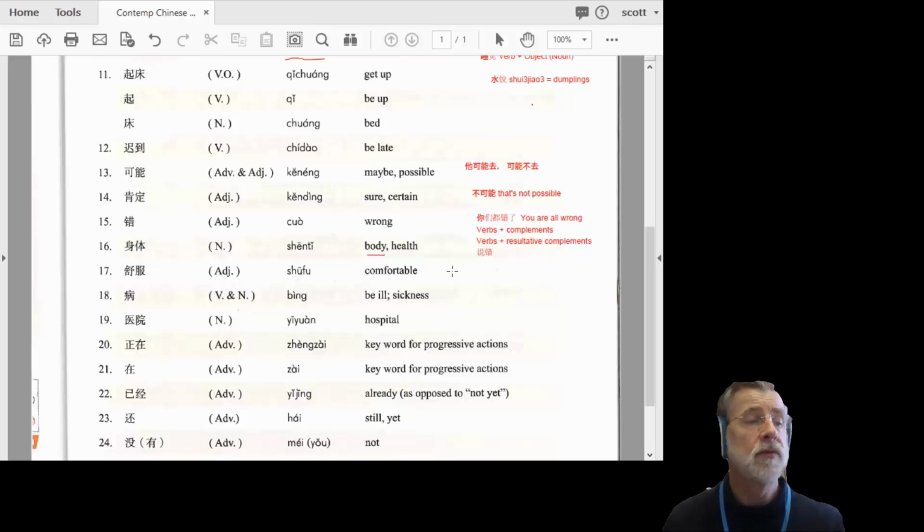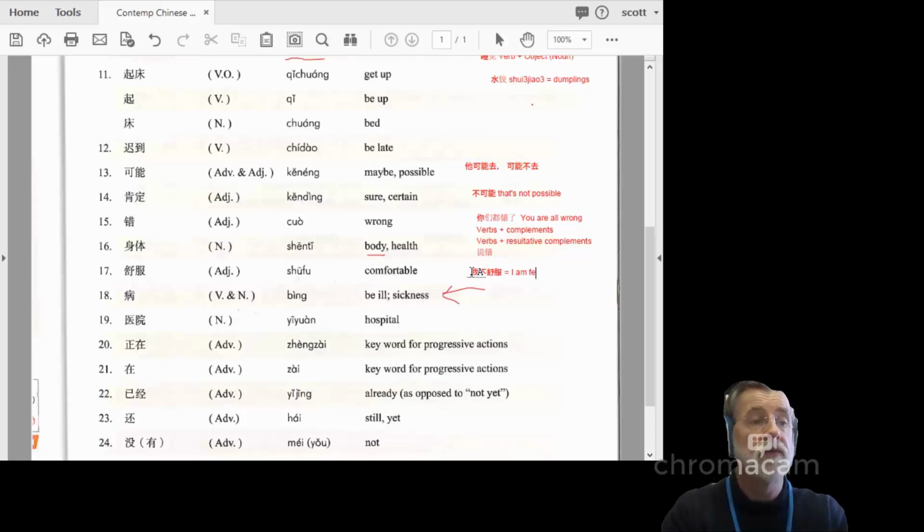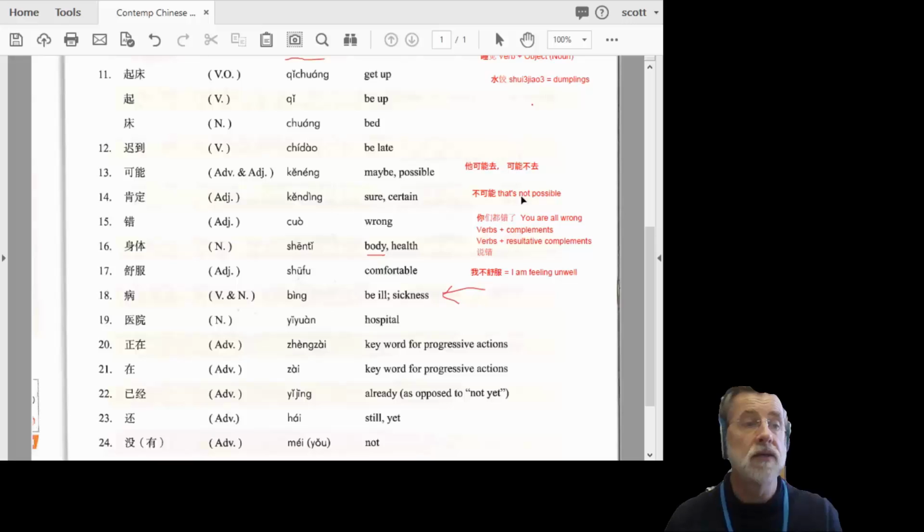But also, in relation to sickness, you can say 我不舒服. And that means I am feeling unwell, or I'm sick. Okay, that's one way of saying I'm sick.